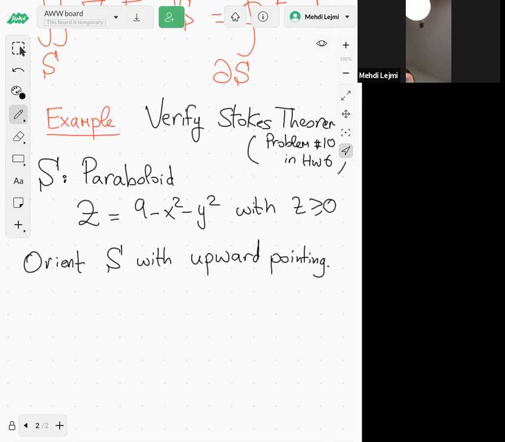Okay, so in other words, this paraboloid is just x, y, and z, where z is positive or 0. Which means that if z is positive, 9 minus x squared minus y squared is positive. So in other words, x squared plus y squared is less than 9, right? Anyway, the vertex of this paraboloid, or the highest point, is when x and y both are 0. Then z would be 9, right? So this is 9 here, and then you get your paraboloid.